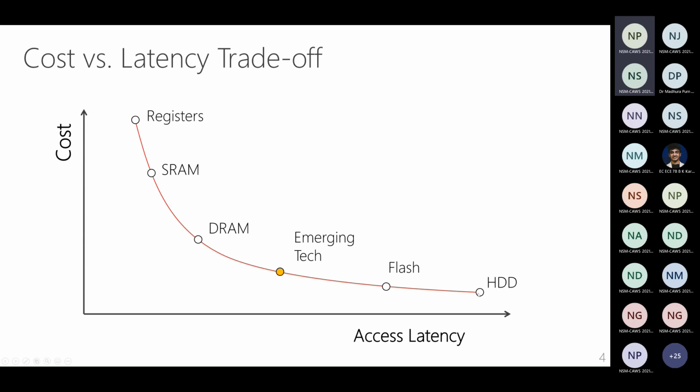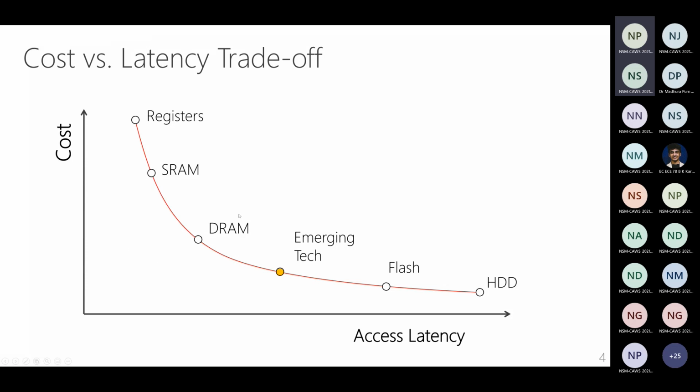Today I can probably buy a 500 GB hard disk for something like $10 or even lower, right? Whereas you cannot even imagine building a 500 gigabyte memory device with just registers, right?